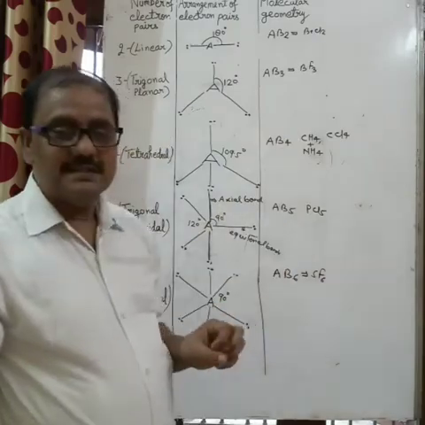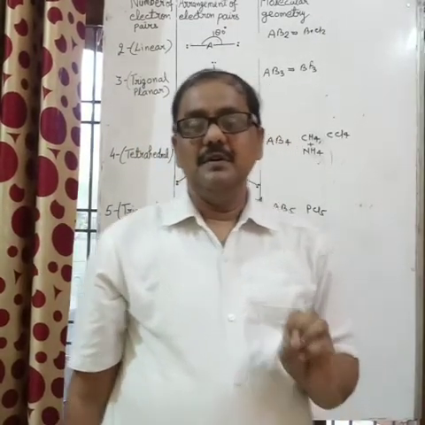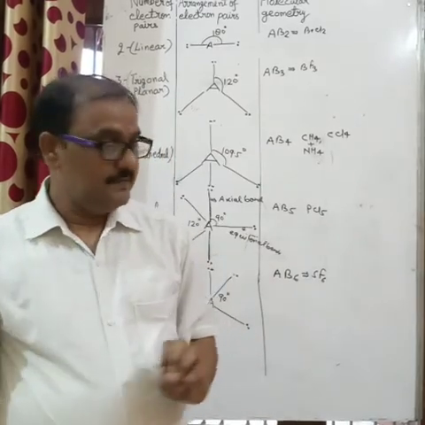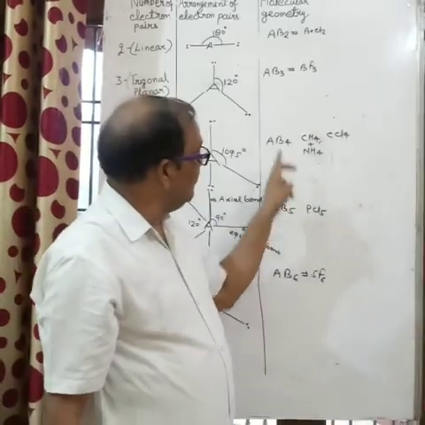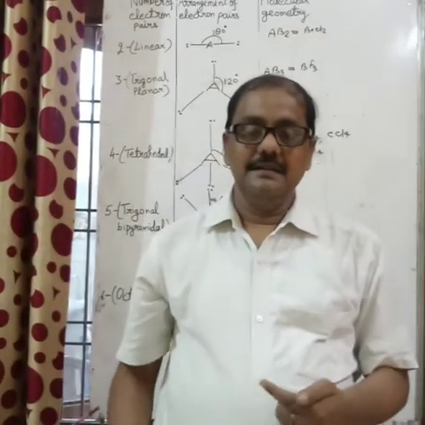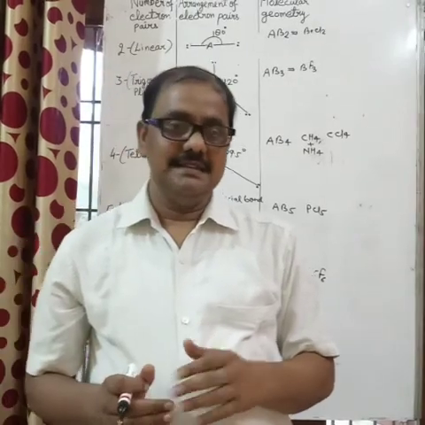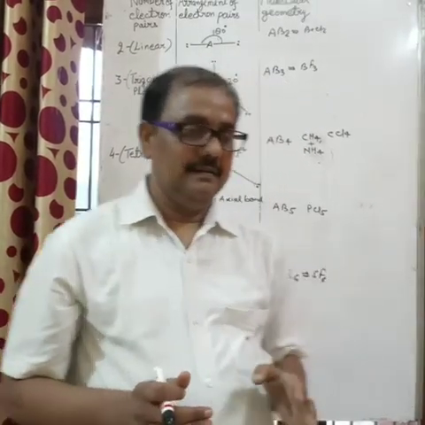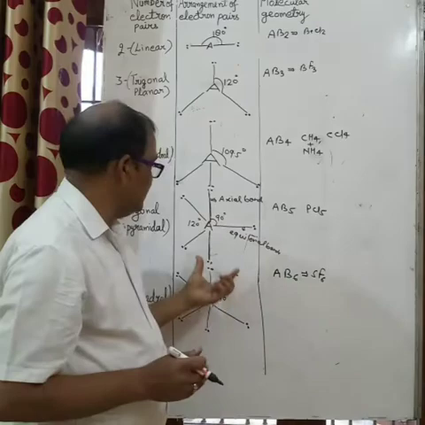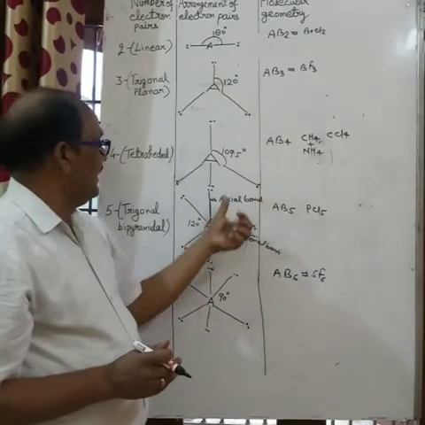These examples only contain bond pair electrons, no lone pair electrons. If lone pair electrons are present, then the shape of the molecule as well as the bond angle will change from their normal bond angle. These are the normal bond angles.